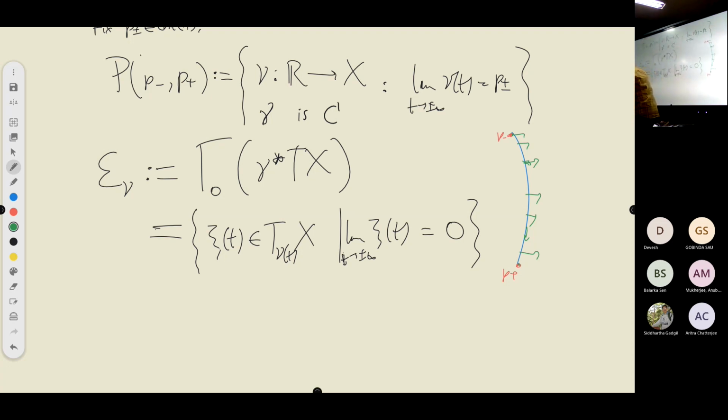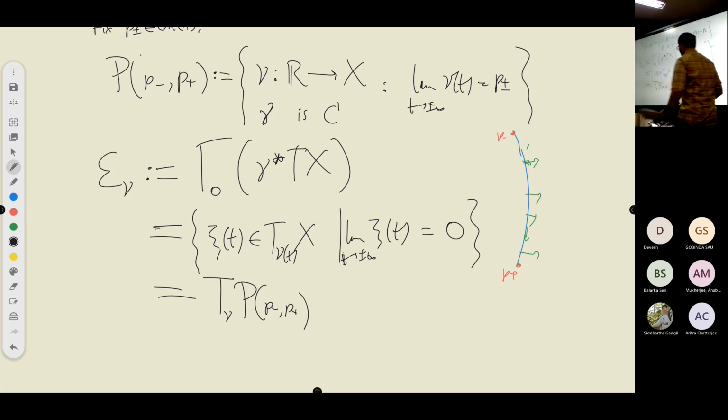So intuitively, you should think of this as the tangent space at the point gamma. You can instead think of this as the tangent space of the path space.